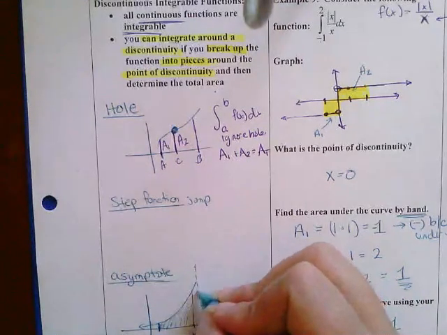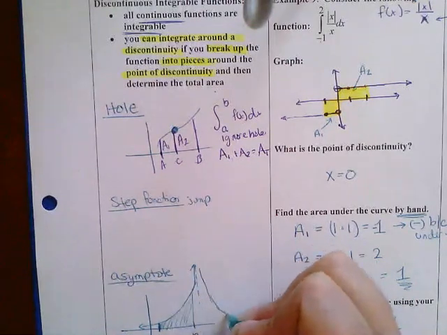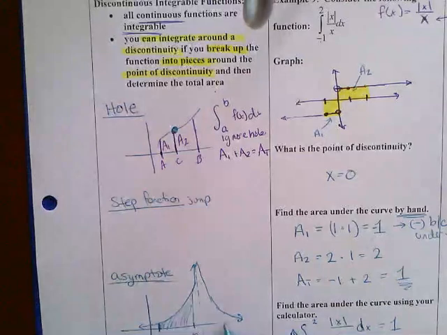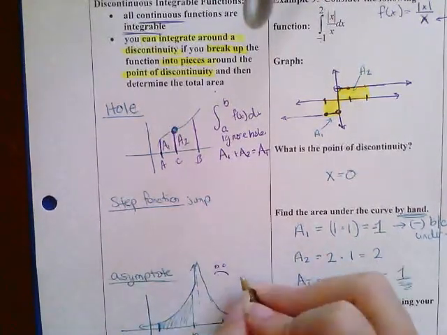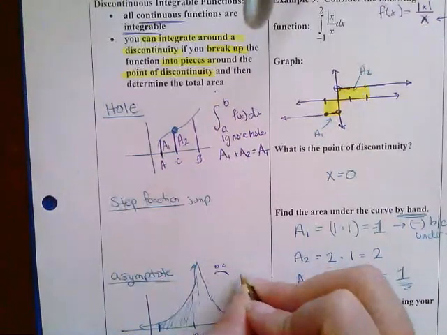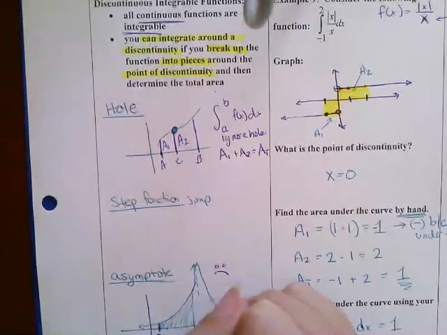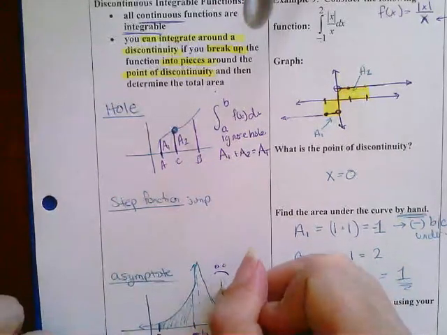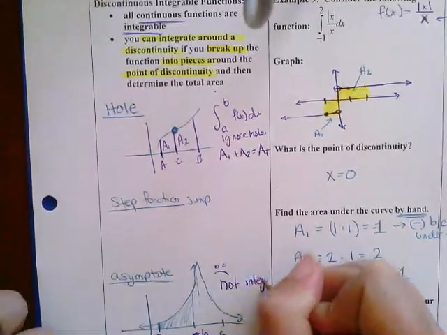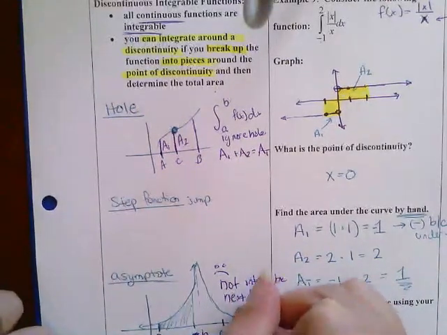But what if here's the asymptote and we wanted to integrate to C? Unfortunately, this is the one area where we cannot integrate next to an asymptote. Let's call the asymptote B. This is not integrable next to the asymptote.